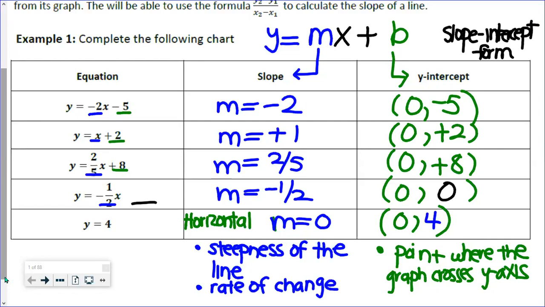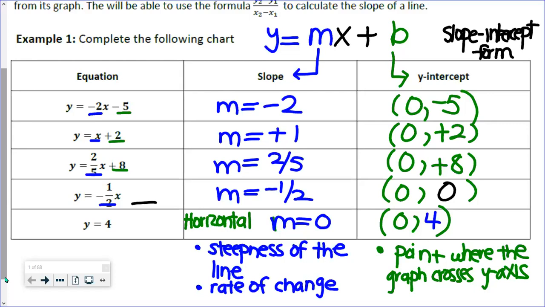My slope, my m, is always the term in front of my x. So here I have -2, +1, 2/5, -1/2. That is my slope. If everyone can take a minute and copy that down, please.